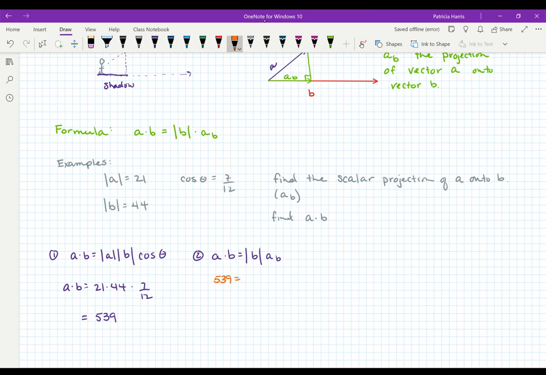Okay, B is equal to 44, and then the scalar projection of A onto B. So we're going to divide. And then we get 12.25. There we go. That's it. Okay.